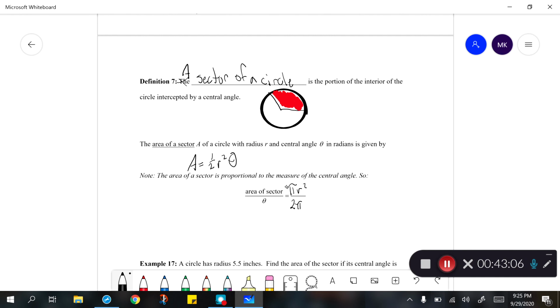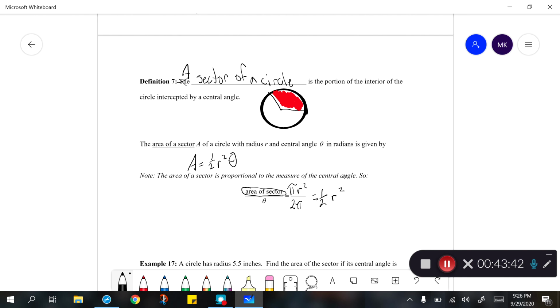Pi r squared is the area of a circle for those of you who forgot, and 2 pi would be the full revolution. So if we went all the way around, we would be talking about the sector of the entirety of the interior circle, and that simplifies to be 1/2 r squared. So what we get is the area of a sector, if we multiply both sides by theta, is 1/2 r squared times theta.